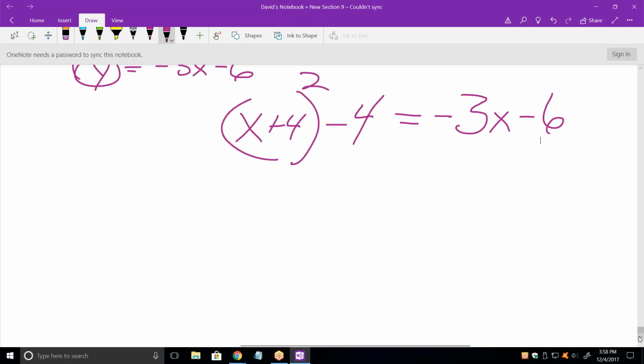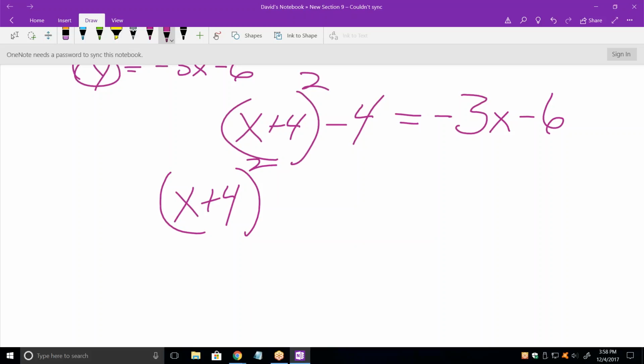First step. Do you subtract the 3x and subtract the 6? Or add 3x, add 6? I like that. So let's start with the 3x.